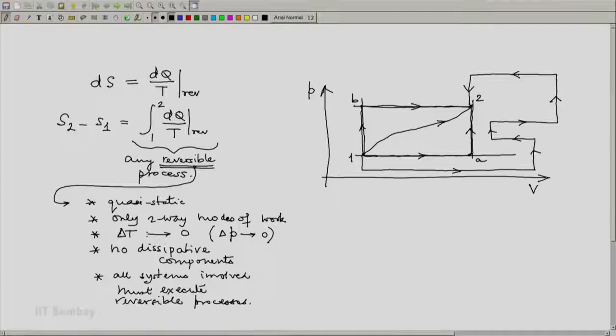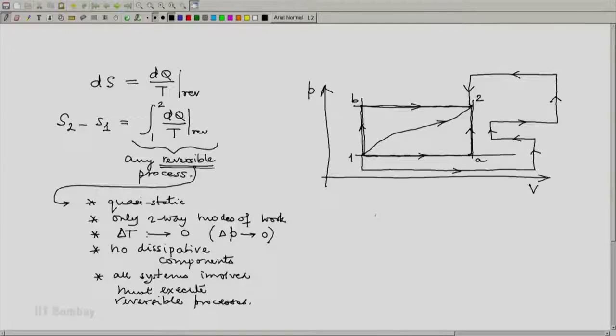If you have really selected a reversible path and done your integration properly, then the result would be the same, and the change in entropy S2 minus S1 will be represented by that expression, which is the integral from 1 to 2 of dq by T over a reversible process. Thank you.